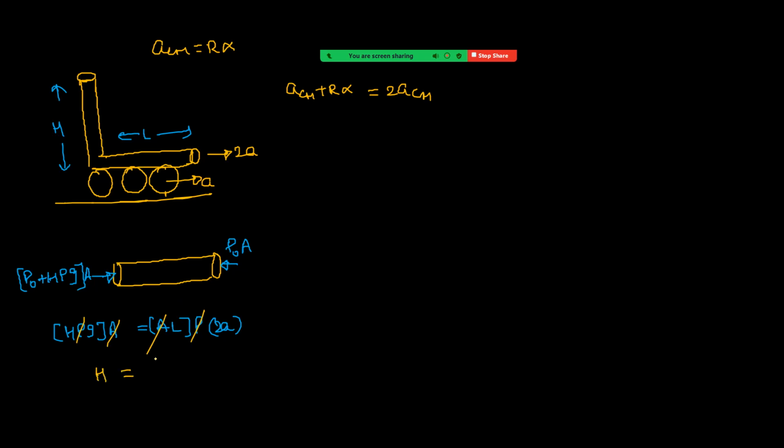So H equal to 2AL upon G. But here what we have to calculate? We have to calculate acceleration, not H, because H is given. In that case, acceleration is A equal to GH upon 2L. That is acceleration.